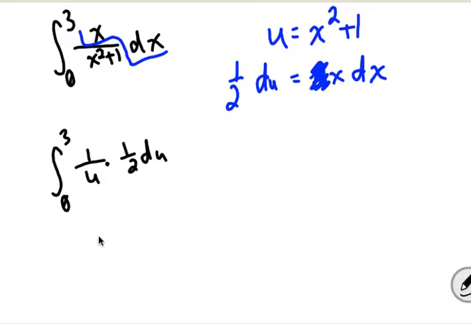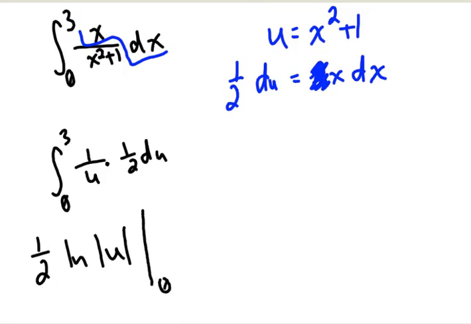Okay, so I'm going to do this in one step now. Now, I'm actually going to do this 2 different ways. First of all, let me do this. So we have 1/2. Okay, that just comes out front. 1 over u is ln absolute value of u. And we can evaluate this from 0 to 3. Okay?